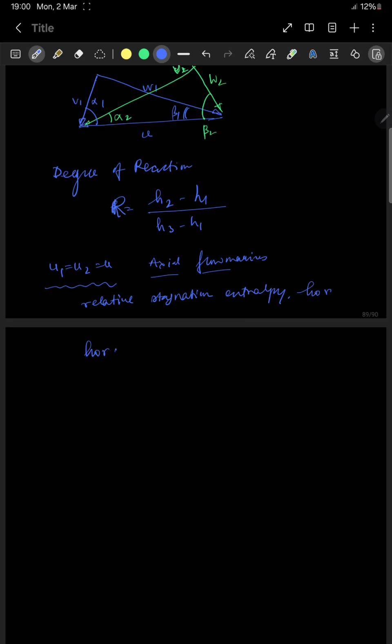So h0R1 is equal to h0R2. Okay, and how is this?